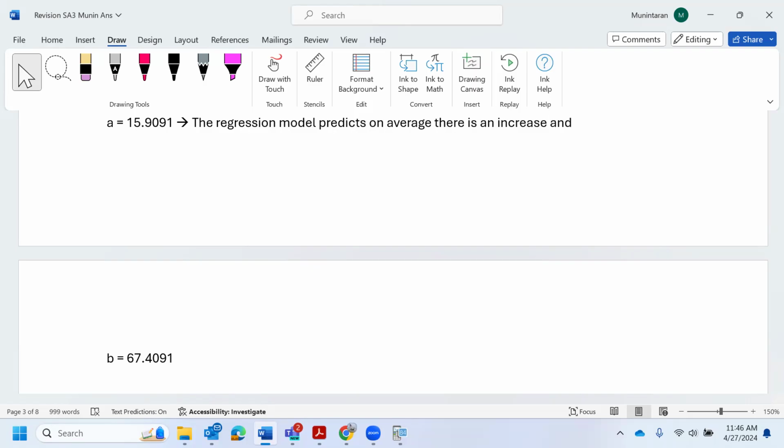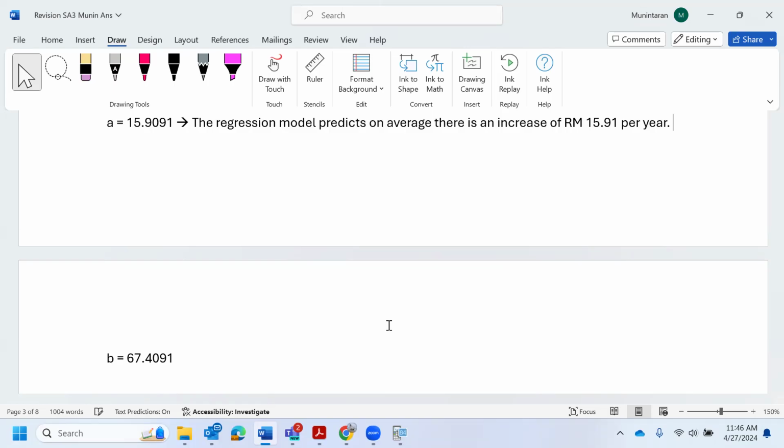An increase of how much? RM 15.91, money is 2 decimal places, per year.